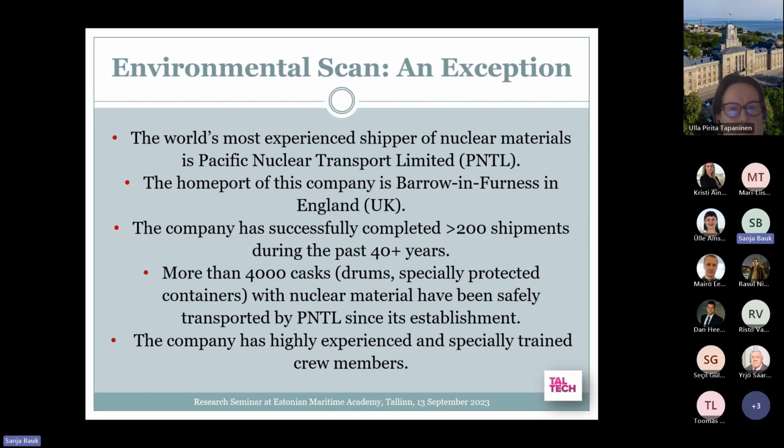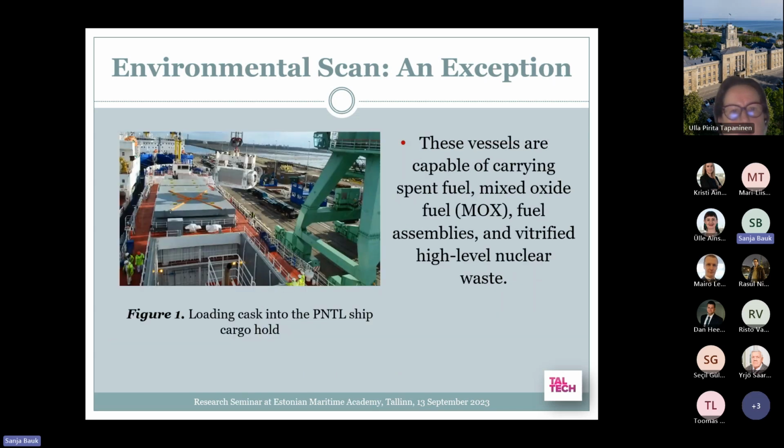So far, they have realized more than 200 shipments during the past 40 years, and more than 4,000 of these casks or drums or specially protected containers with nuclear cargo were safely transported from Japan to France and North America. And by the way, the company has highly experienced and specially trained crew members.